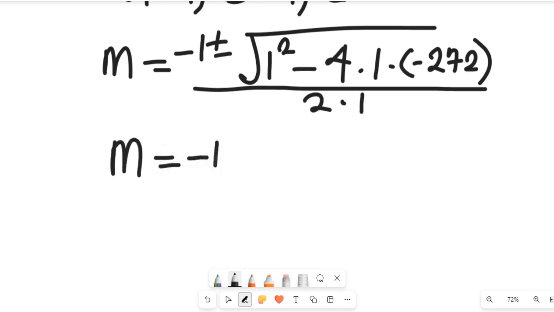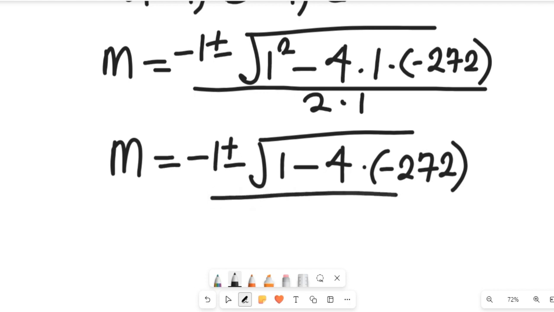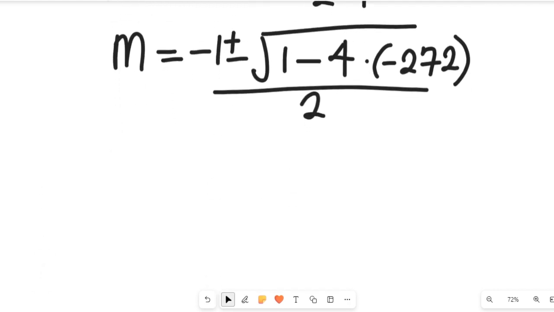This will give us negative 1 plus or minus the square root of 1 squared is 1, minus 4 multiplied by negative 272. 4 multiplied by 1 is going to give us 4, and this will be multiplied by negative 272, and this will be divided by 2, because 2 times 1 is 2. Great.